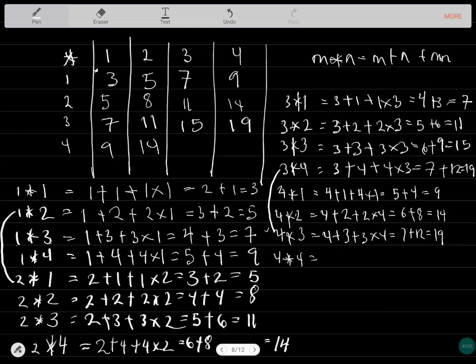Okay. Now let's put in our 19. You can see 4 star 4 will give us 4 plus 4 plus 4 times 4. 4 plus 4 is 8. 4 times 4 is 16. And what would that give us? That is going to give us 24.